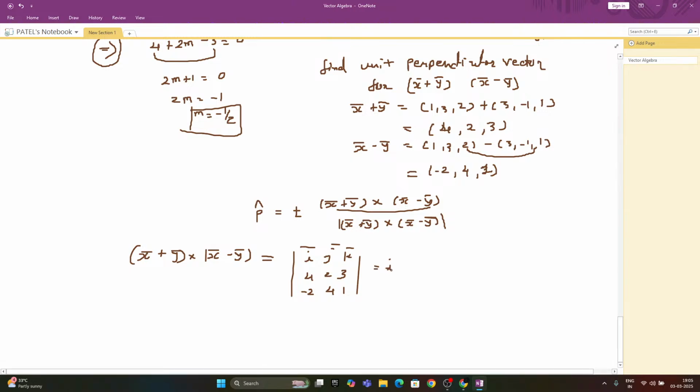So for i, 2 ones are 2 minus 4 threes are 12. For j bar, 4 ones are 4 minus minus, plus 6.